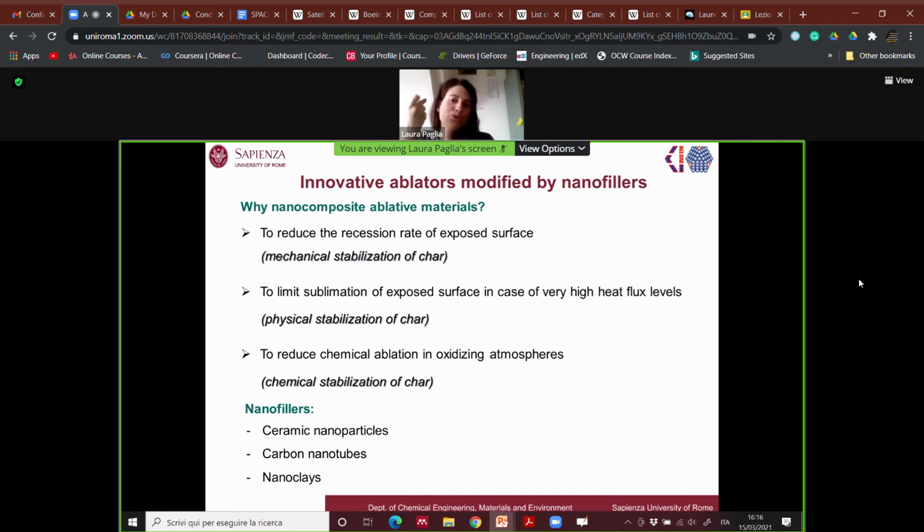The importance of introducing a small amount of nanofillers is because I do not want to increase the density of my material.